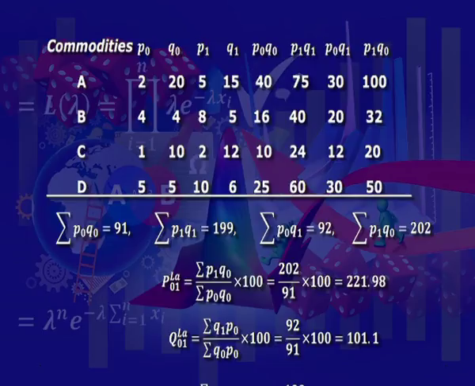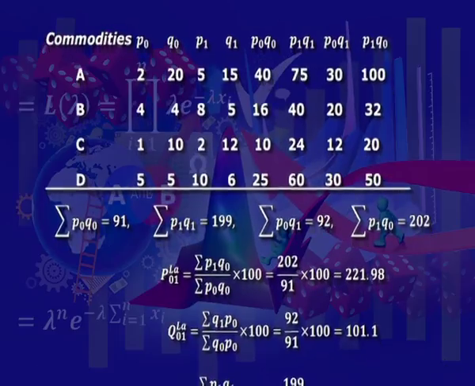Hence, the Laspeyres price index number is given by the formula P01LA equal to summation P1Q0 divided by summation P0Q0 multiplied by 100. Substituting the value of summation P1Q0, which is 202, and summation P0Q0, which is 91, multiplied by 100, we get the answer 221.98.